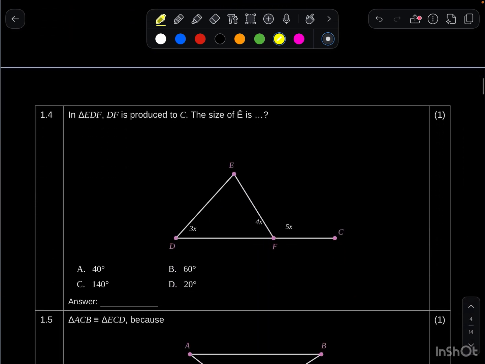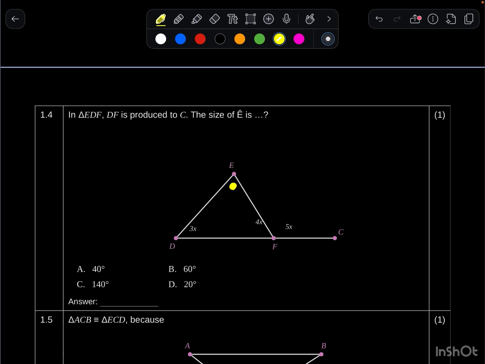1.4, in triangle EDF, DF is produced to C. Okay, so they just mean that line is extended to C. The size of angle E is, so we're looking in here at what this angle is. Okay, so there's two ways that you can work this out.